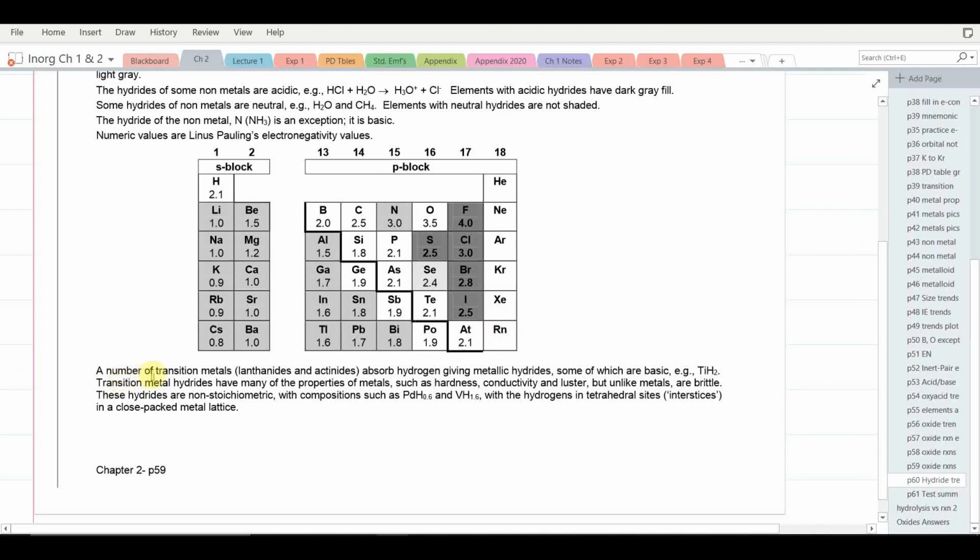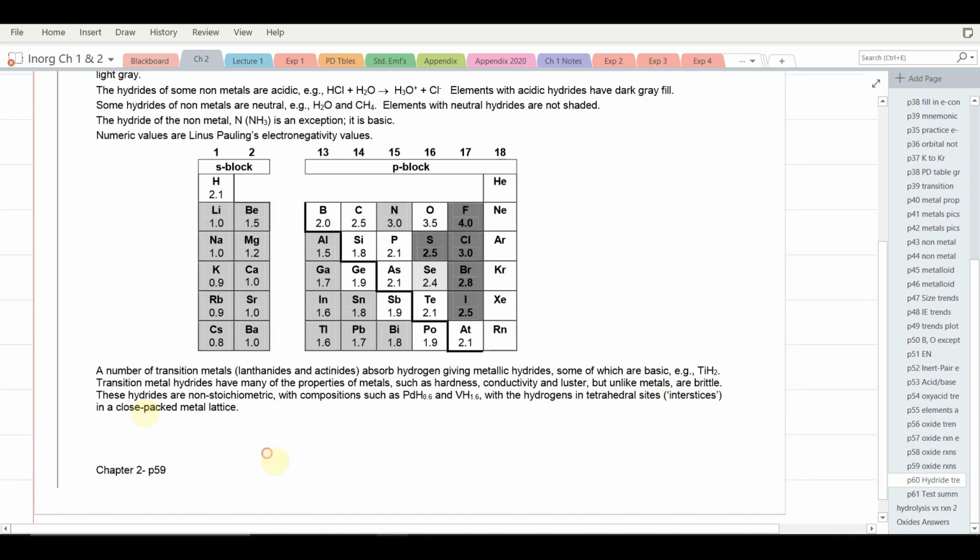Well, a number of transition metals, particularly the lanthanides and actinides, absorb hydrogen, giving metallic hydrides, some of which are basic. Now, transition metal hydrides are interesting. They have many properties of metals. They have similar hardness, electrical conductivity, and luster. They look like metals, but unlike metals, they are brittle.